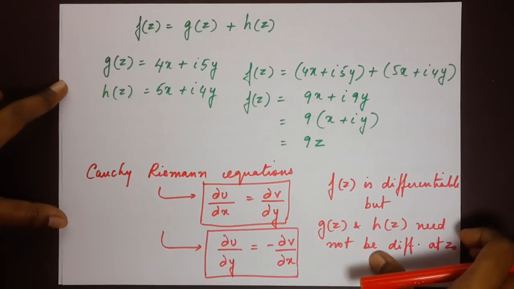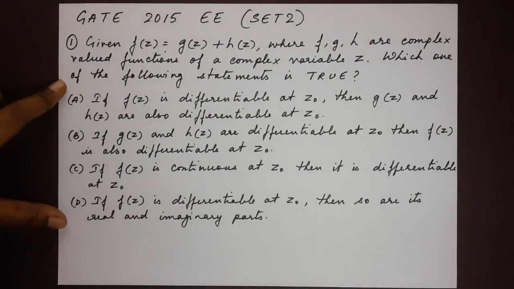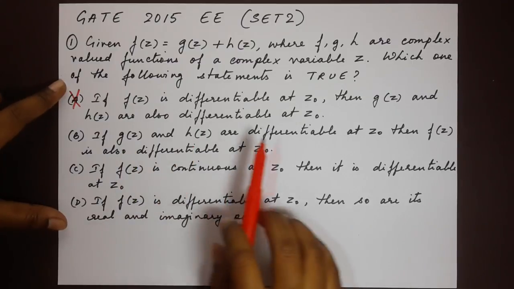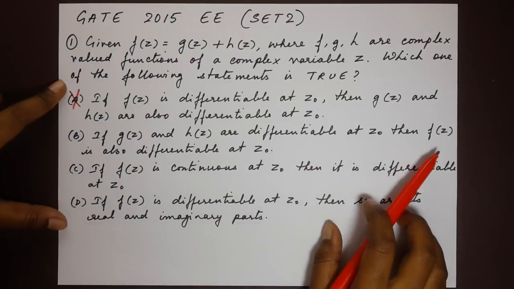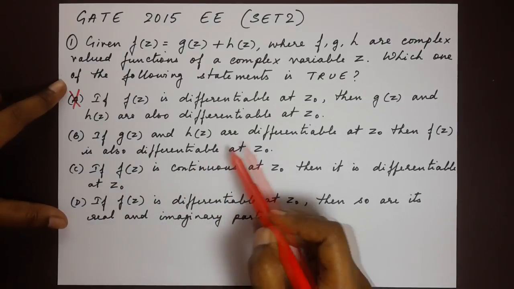Now let's look at the second option. The second option says if g(z) and h(z) are differentiable at z0, then f(z) is also differentiable at z0.